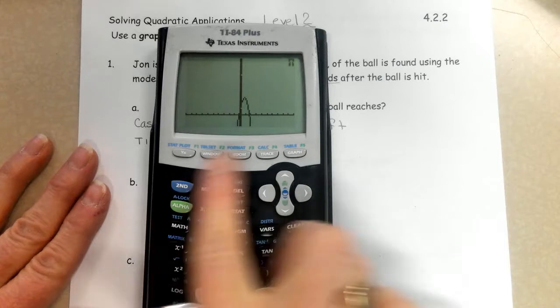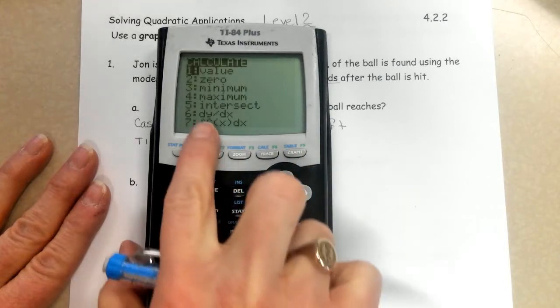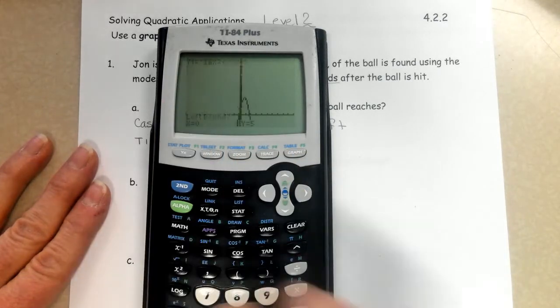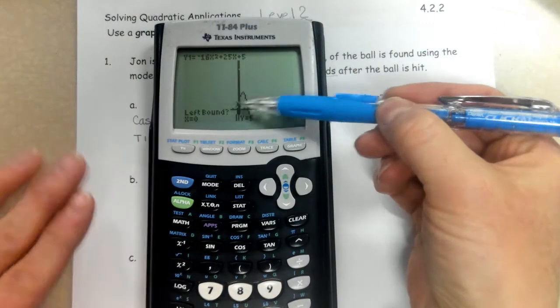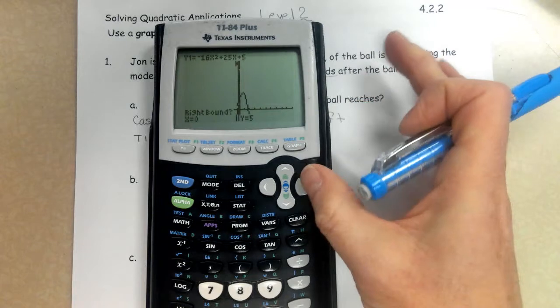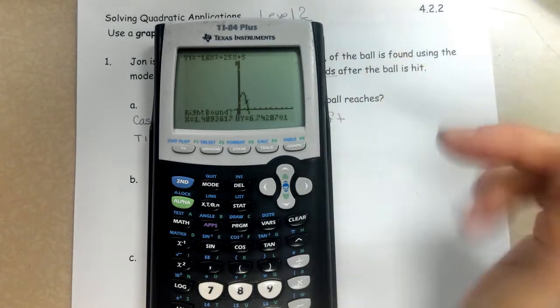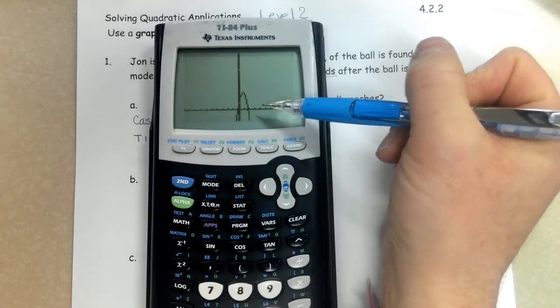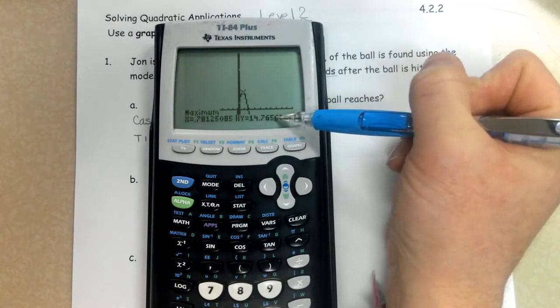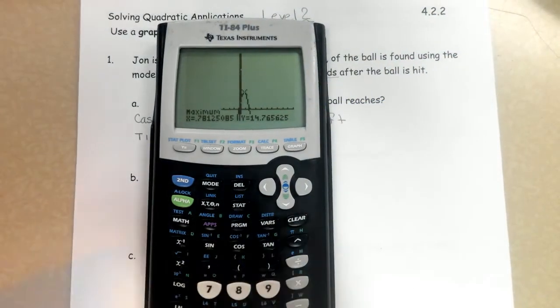Okay, so second trace, maximum is number 4. Now remember, it asks you to click on the left side of the parabola, which it is, and then you have to arrow over to the right side of the parabola and click enter again, and then enter one more time to get rid of the guess before the TI will give you the answer.